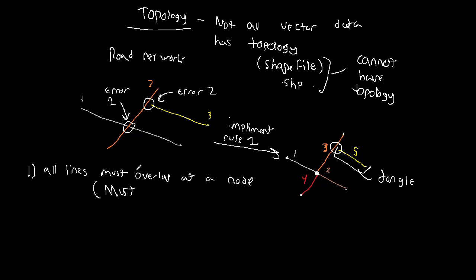Must not intersect. Right? All lines must overlap at a node. The actual name for the rule is must not intersect. Basically, this right here, where they cross without being aware of each other, this is called an intersection.